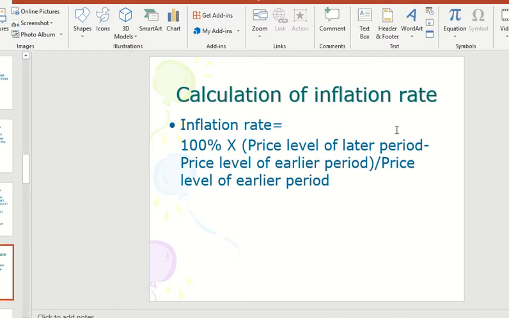The price level of the later period minus the price level of the earlier period, and then divide the difference by the price level of the earlier period. Okay, and then inflation rate is often expressed in percentage, so we multiply the whole thing by 100%.